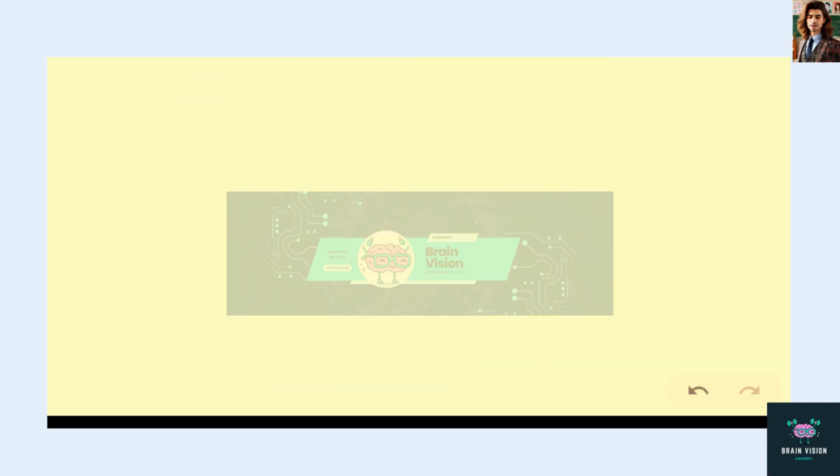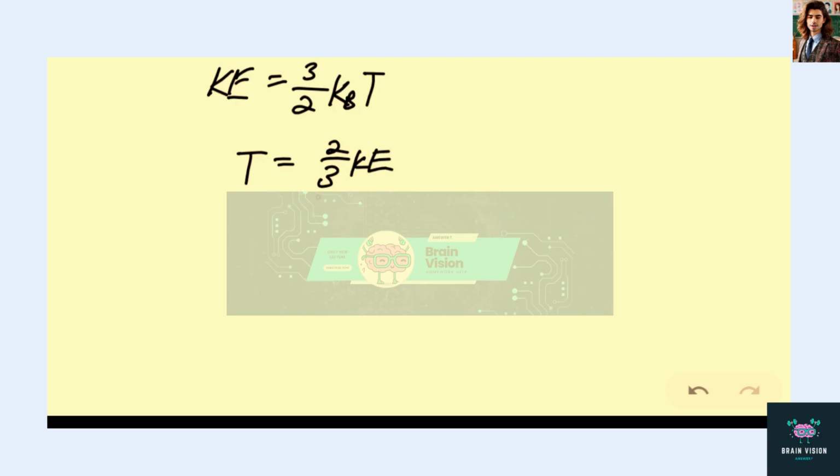Now for the next part, we want to find the temperature related to this energy. We're going to use the equipartition theorem. The kinetic energy of the particles is related to the temperature by 3 over 2 kBT, where kB is the Boltzmann's constant. So T equals 2/3 of the kinetic energy divided by kB.